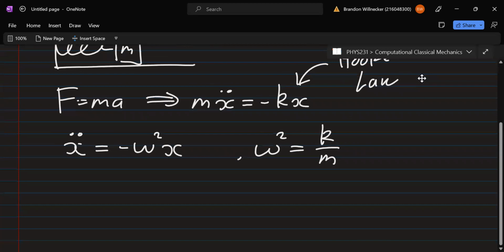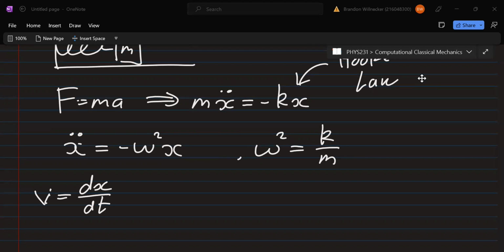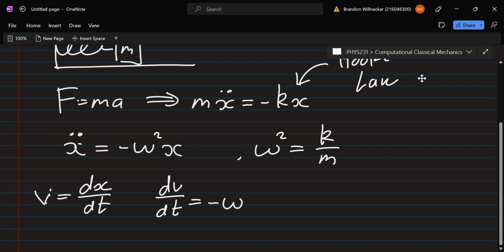So again, we introduce this variable v, that's going to be dx by dt. Okay, so we can rewrite this first equation that we have here, not as x double dot, but as dv by dt. So dv by dt will be minus omega squared x.